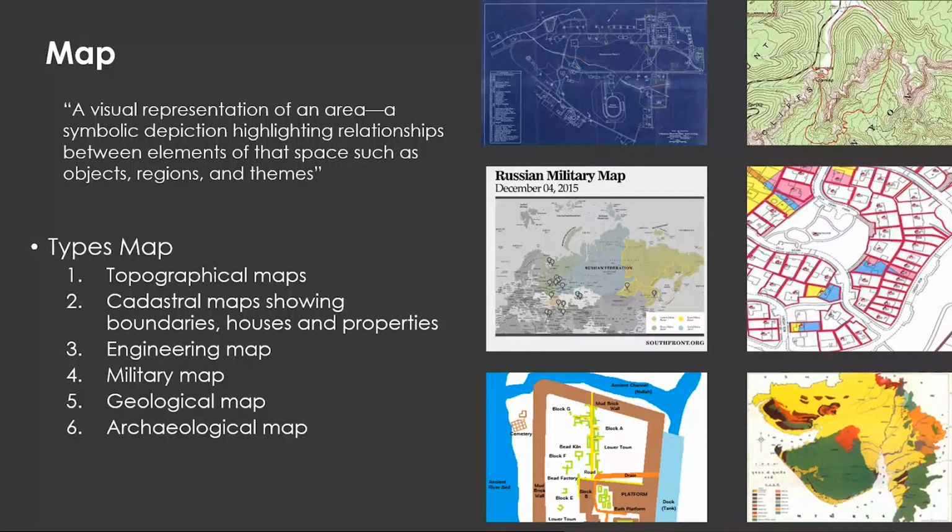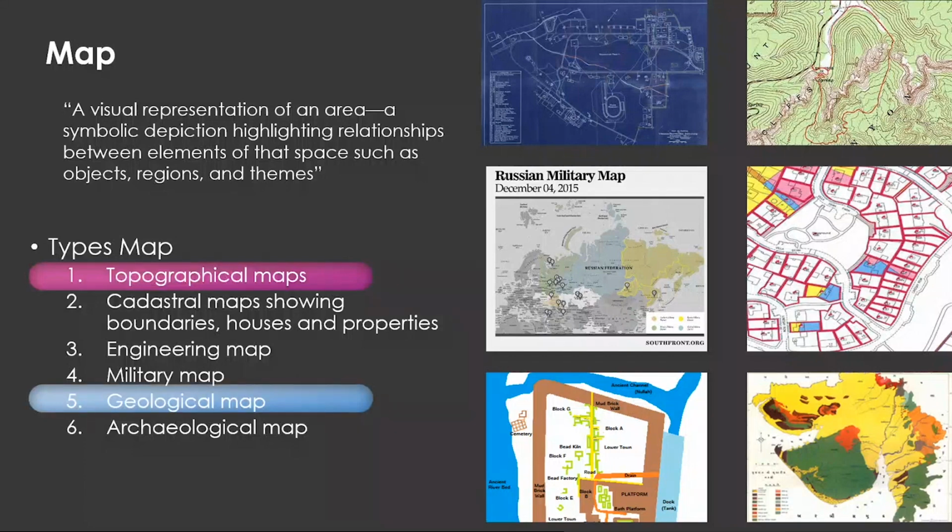But in our situation, where we need to study a region for nearby structural constructions, we will be interested in 2 of these, the geological map and the topographical map. As you already know, topographical maps show the topography of the area, the surface undulations or irregularities.